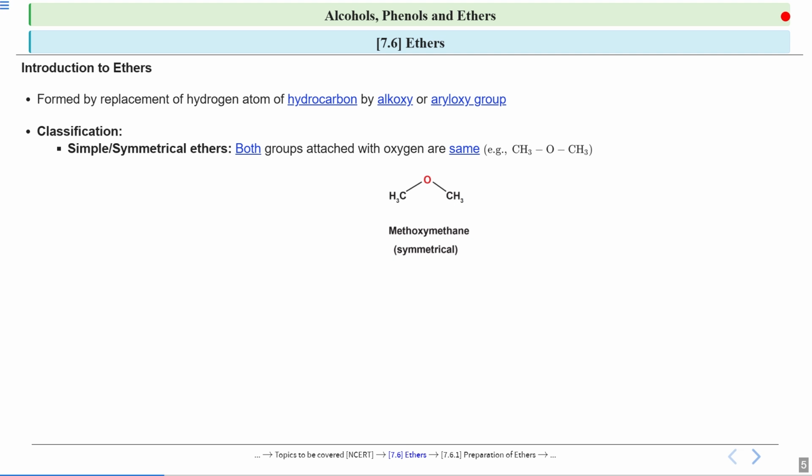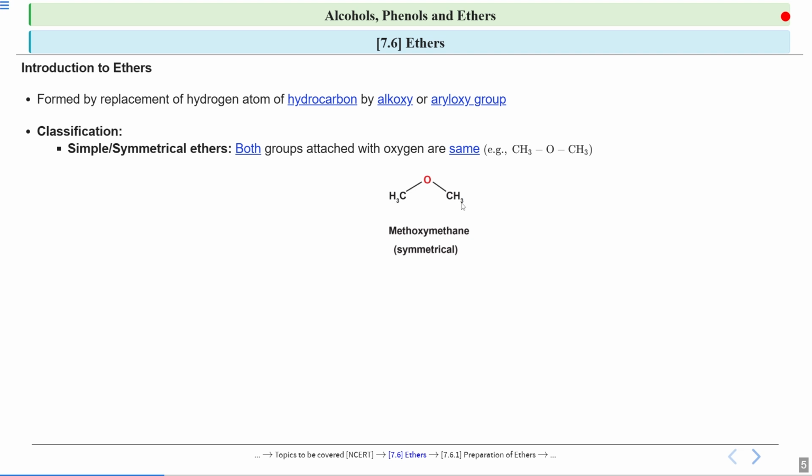So how do we name them according to IUPAC nomenclature? It is named as alkoxy-alkane. In the alkane, we take the longest carbon chain, and then the O with the R group is taken as the alkoxy part. If you see here, on both right and left sides there is the same number of carbon atoms. Here there is one carbon atom and here also there is one carbon atom.